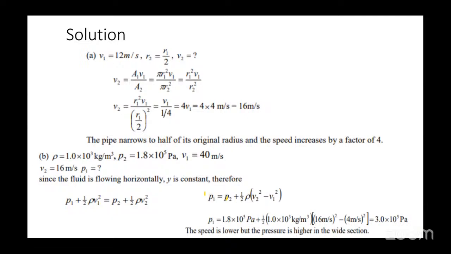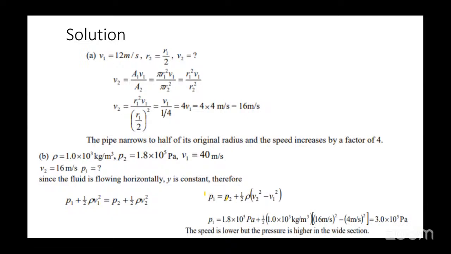From the question, V1 is 12 meters per second. R2 is half of R1. We are asked to find V2, so we use the continuity equation method. V2 is equal to A1 V1 over A2.